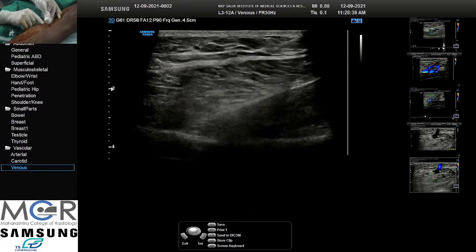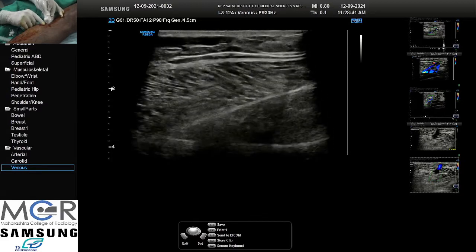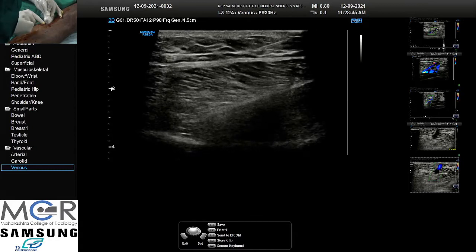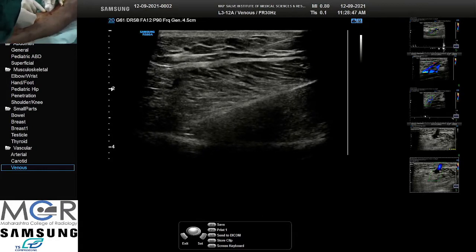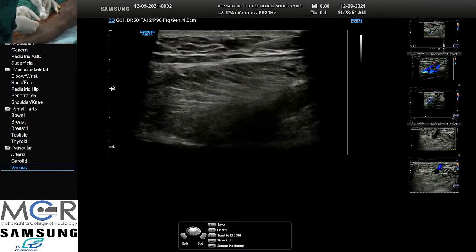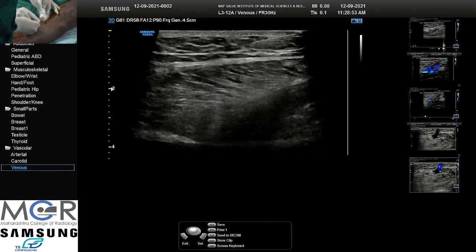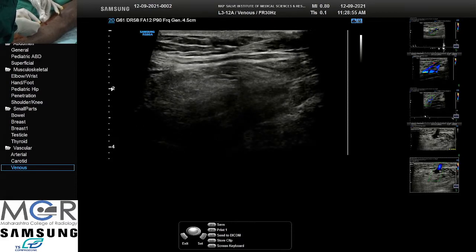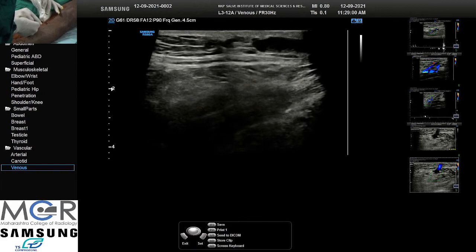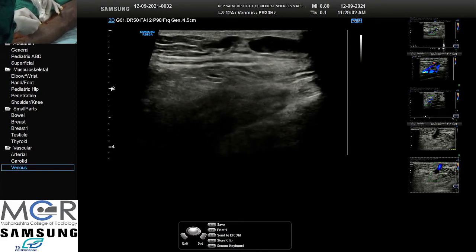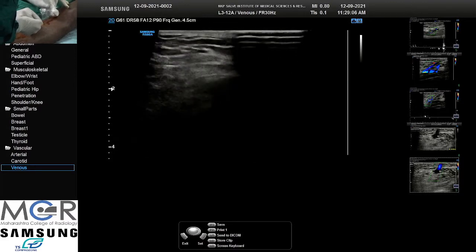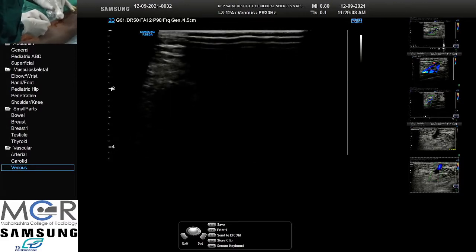Okay, now I'm getting backflow. Pass the wire. Slowly it's going. Push it. Going easily. Going in.